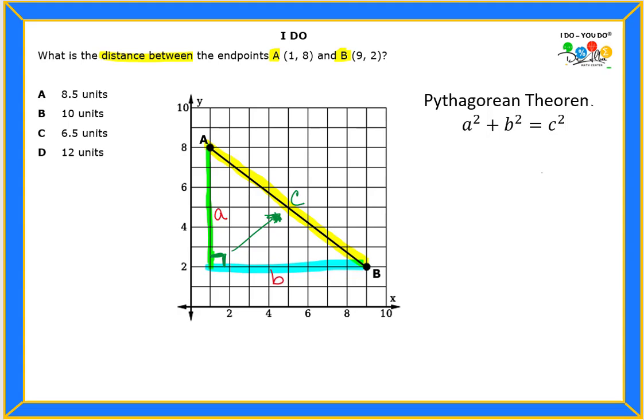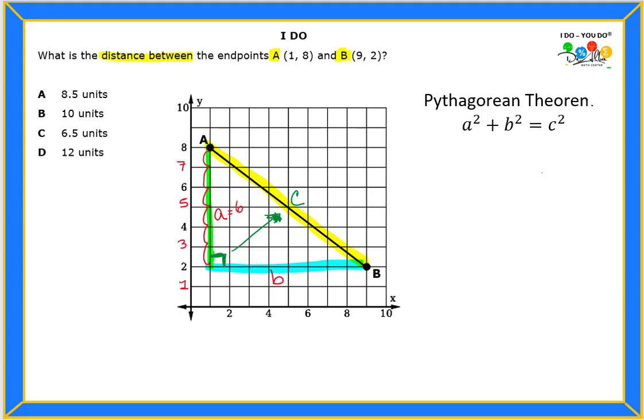And the way that we're gonna find the length, because there's no measurement given to me, is we're gonna use the grid to count the spaces, right? So notice how this is counting by ones, right? Okay, so every square can count as 1 unit. So this would be 1, 2, 3, 4, 5, and 6.